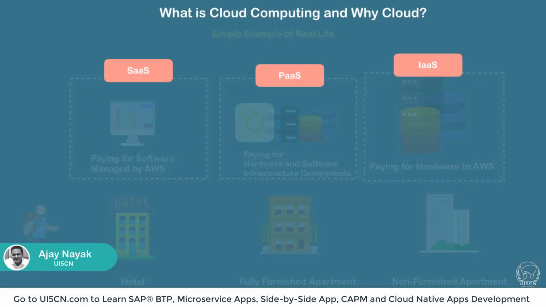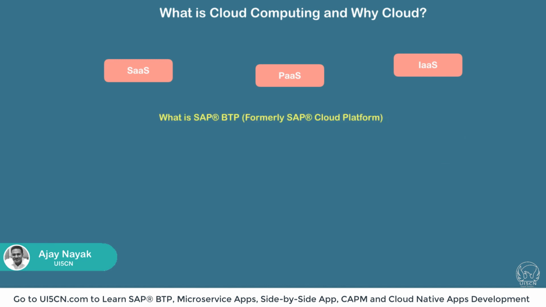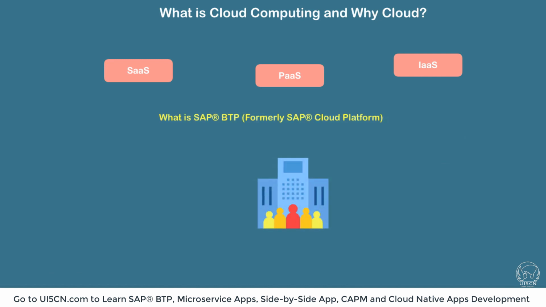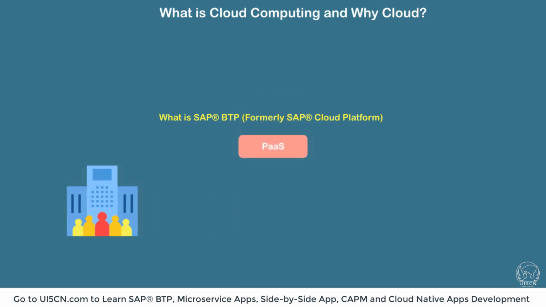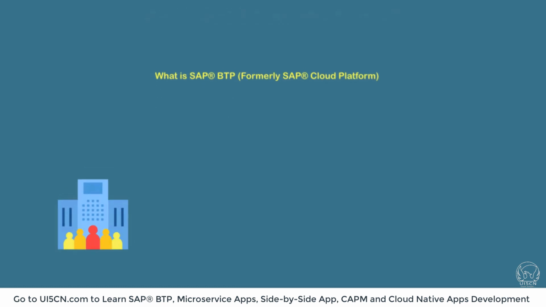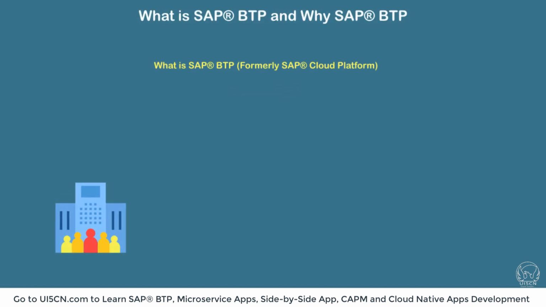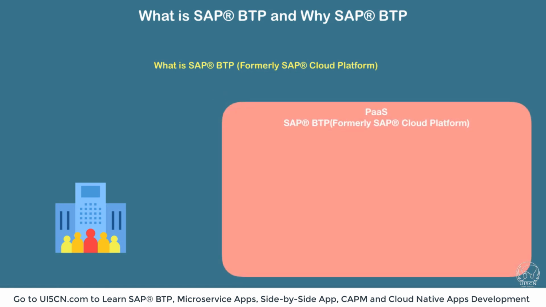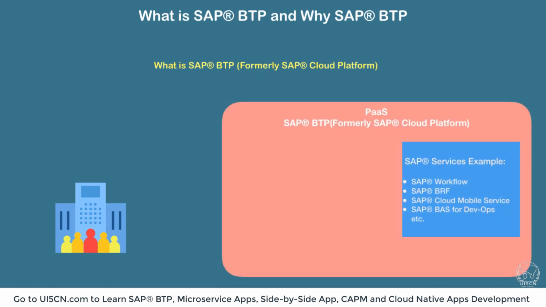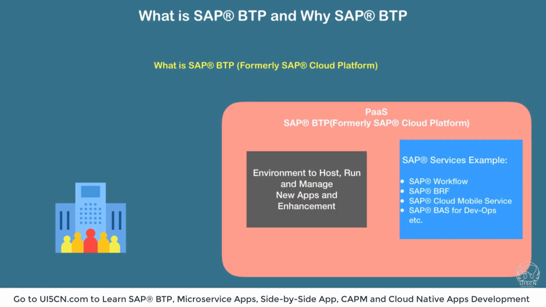Now, when we talk about SAP BTP, then SAP BTP will be considered as a platform as a service, or a PaaS model of cloud service offering. And inside SAP BTP, we will broadly have two things.